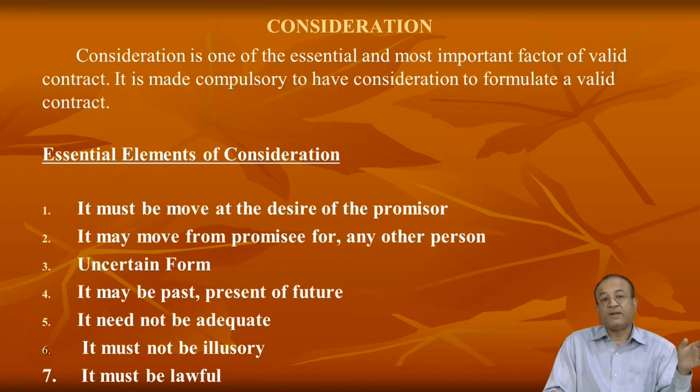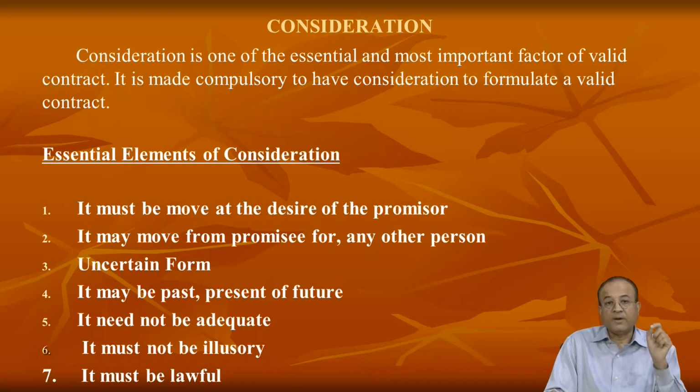Such consideration is invalid. Second, it may move from the promisee or any other person. In English law, consideration, while moving at the desire of the promisor, must move from the promisee only and none else. Indian law differs in this respect and provides that consideration may move either from the promisee or any other person.